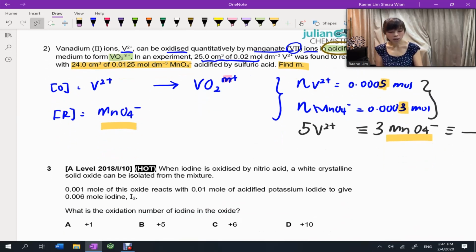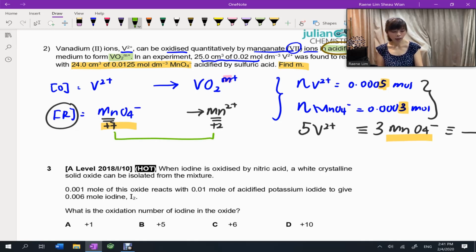So with that, you need to balance first. Not really balance, but get the oxidation number change, the total electron transfer for the reduction of MnO4-. So Mn here, the atom is balanced, +7 to +2. So per manganese, there is a 5 electron change.